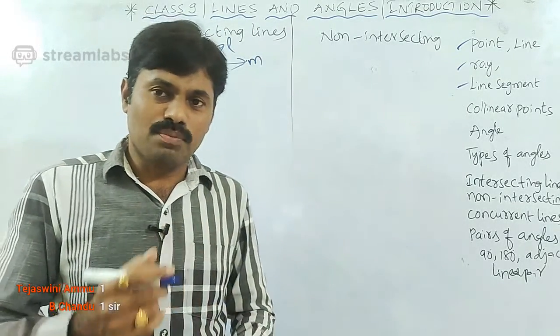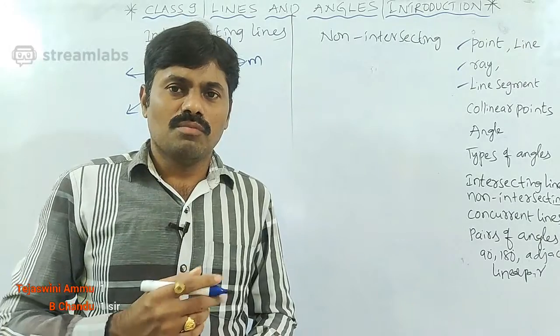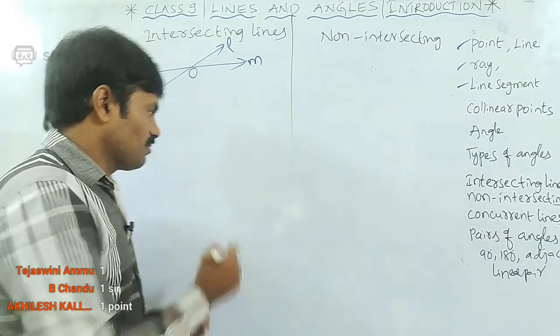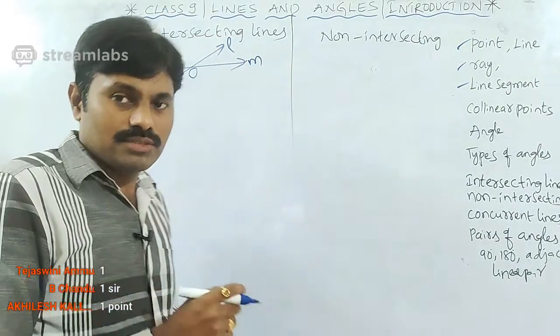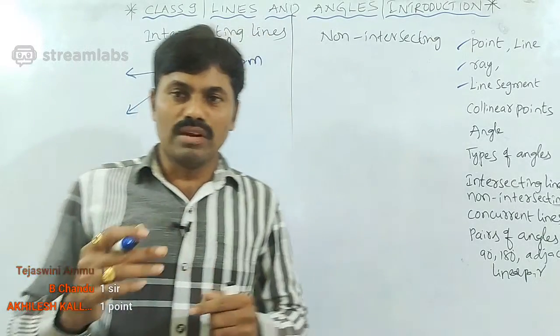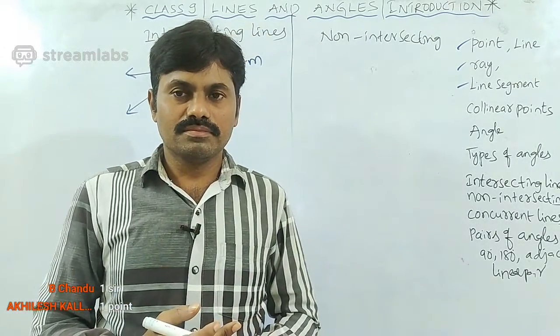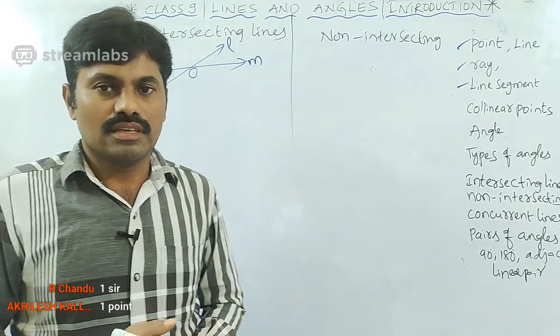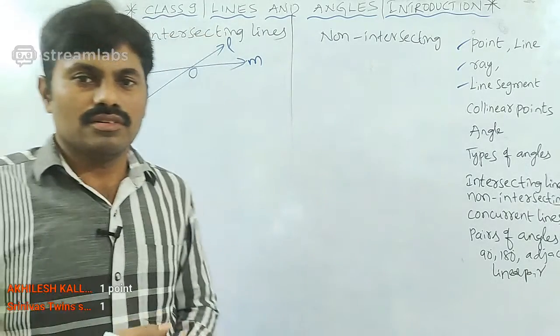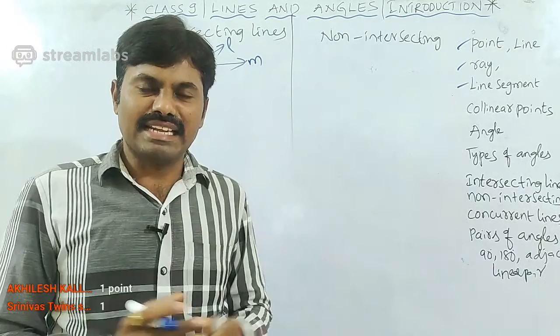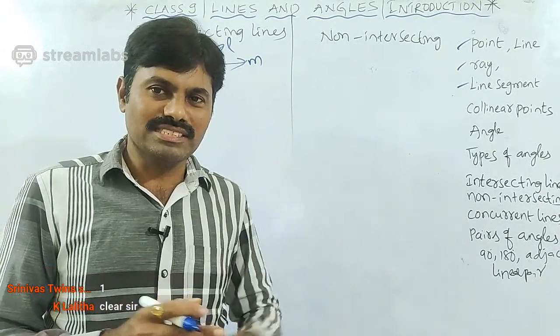Is it possible for two lines to intersect at more than one point? If we consider two lines, can they intersect each other at more than one point?